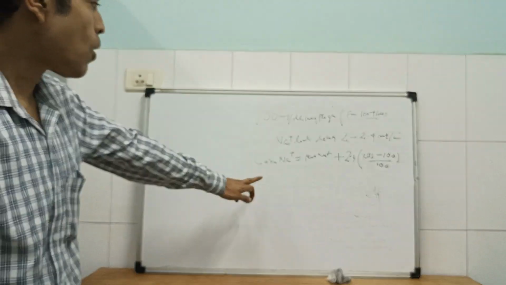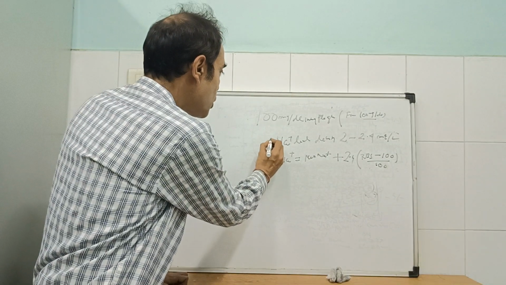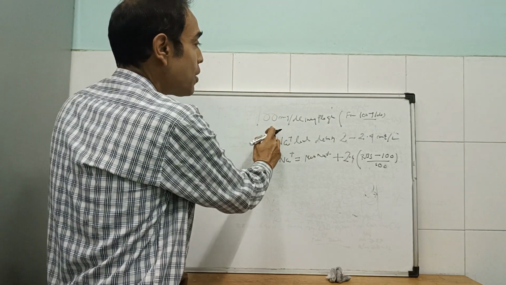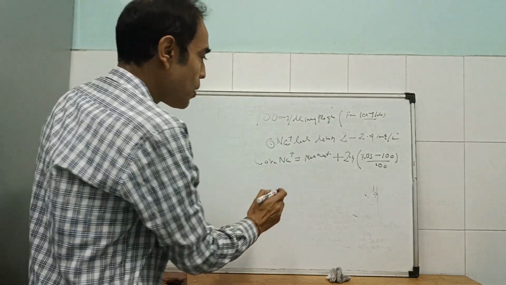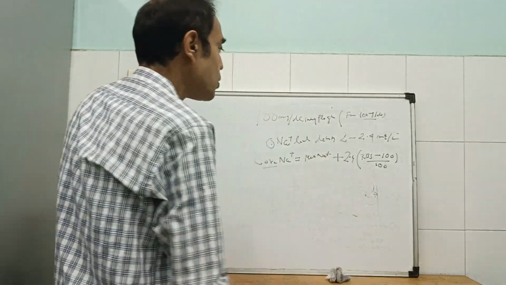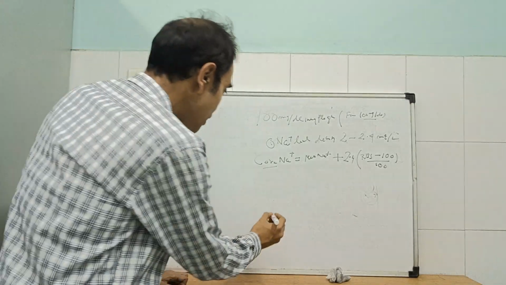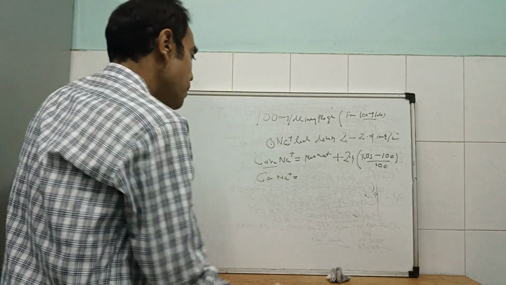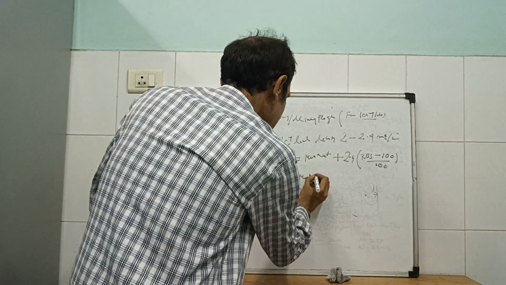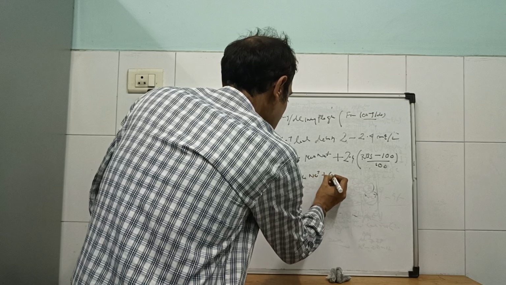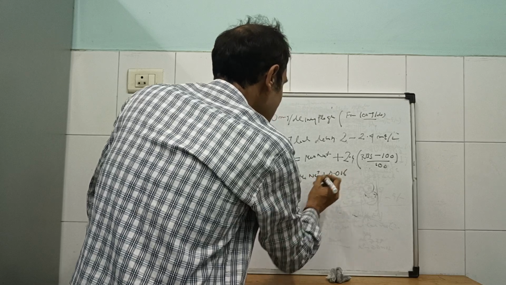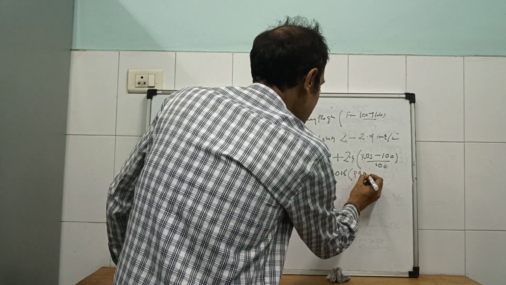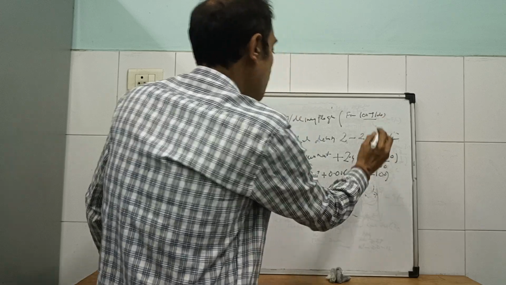This is the most common formula. Another formula many people use is: corrected sodium is equal to measured sodium in the blood plus 0.016 into the plasma RBS minus 100. These are the two formulas.